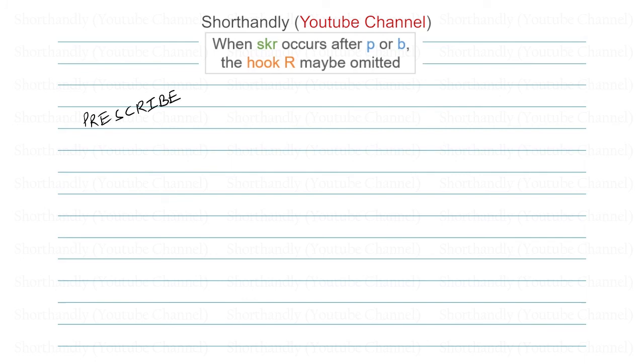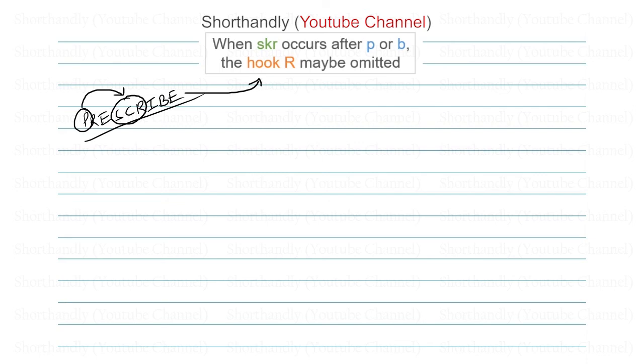Prescribe. Okay, so in this word we have this SKR, and it's coming after this P consonant. So this word applies with this condition. So here we can just skip making the R hook.